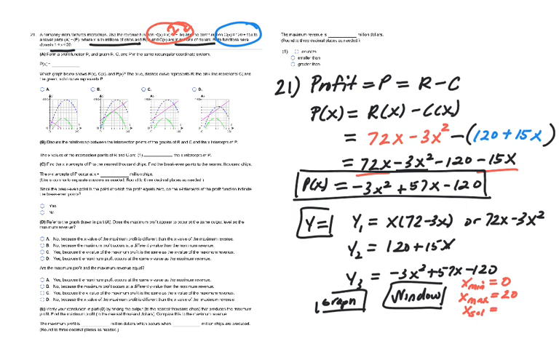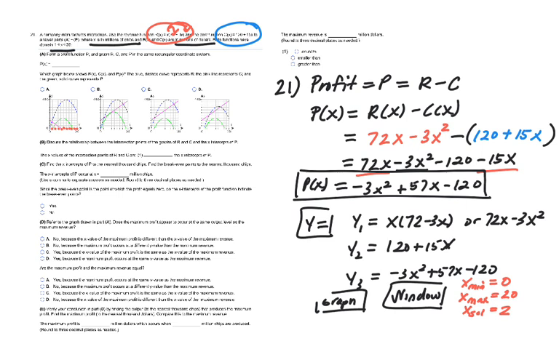Here we'll come up to the graph and count the tick marks between 0 and 20. 1, 2, 3, 4, 5, 6, 7, 8, 9, 10. So if we divide 20 by 10, then our scale will be 2.